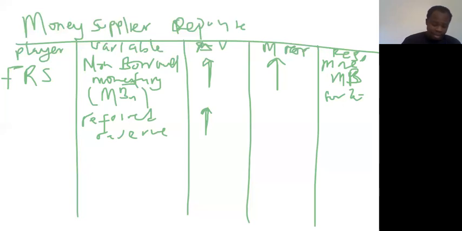Because we've already agreed that the banks are able to create money. When you deposit your money with your bank, what your bank does is they keep the required reserve ratio, that is, they keep the required reserve. The remaining is given out as loans. When they give out the remaining as loans, through that they are able to create money, right?